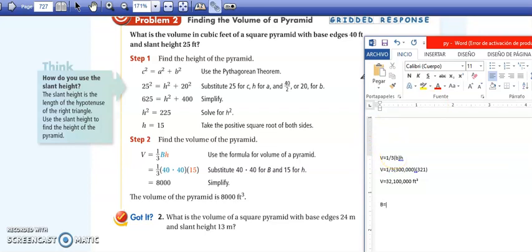If every side of the base is 24 meters, that means we will multiply 24 by 24 meters, and the result will be 576 square meters. Now we only have to apply the formula: 1/3 multiplied by the area of the base multiplied by the height.